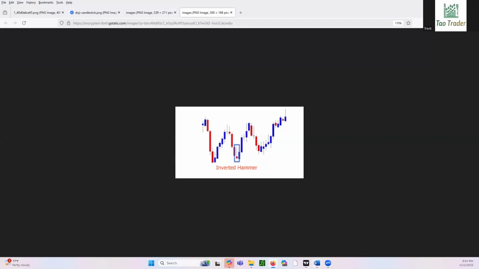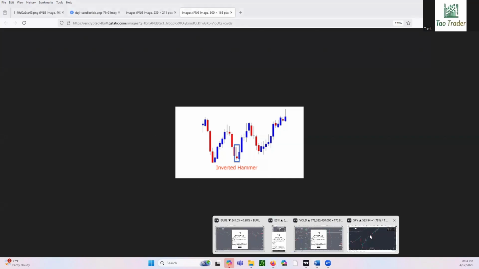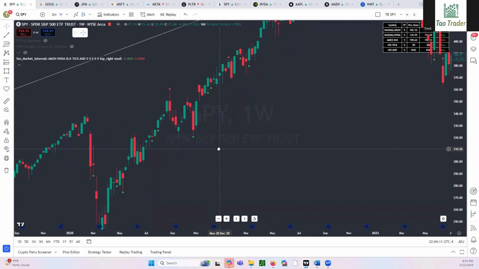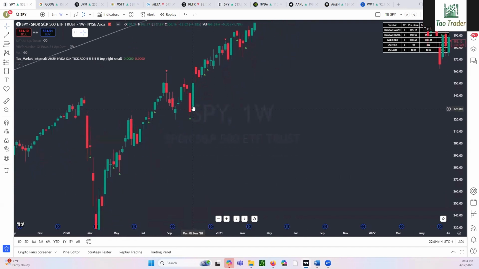Those are the main basic candlesticks you would need to know. Let's just go over a couple of real world examples. So this green candle opened here at 3:30.05, came all the way up to 3:52.04, but then at the end of the day, it closed at 3:50.18.